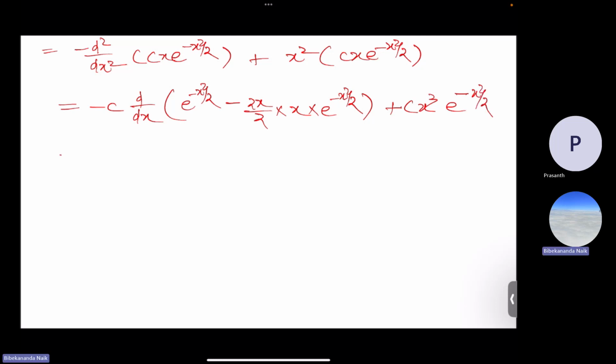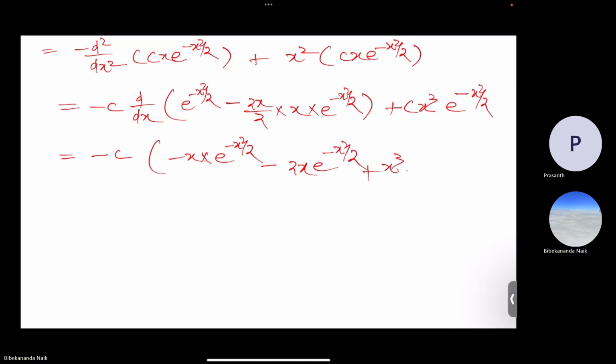Then again taking the derivative, it will be minus C, e to the power minus x square by 2, minus x into e to the power minus x square by 2, minus 2x into e to the power minus x square by 2, plus x cube into e to the power minus x square by 2, plus C x cube e to the power minus x square by 2.